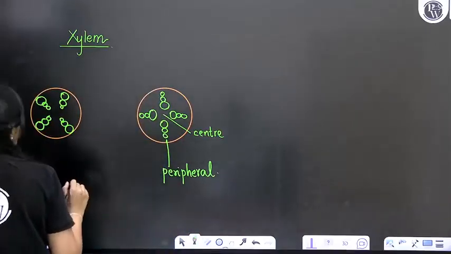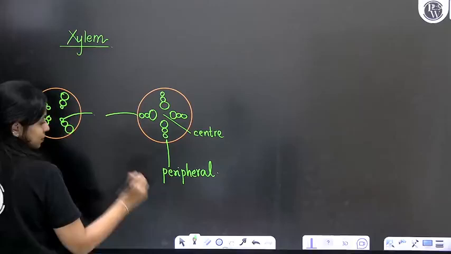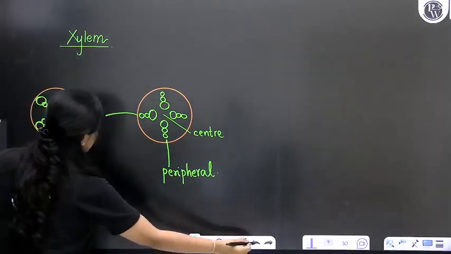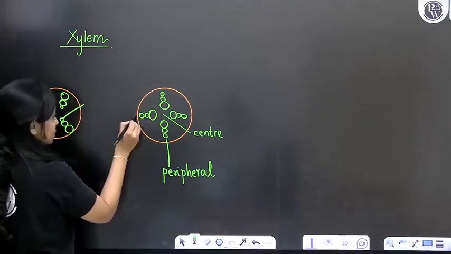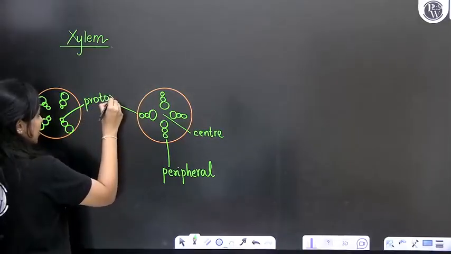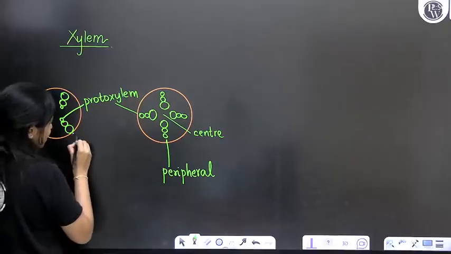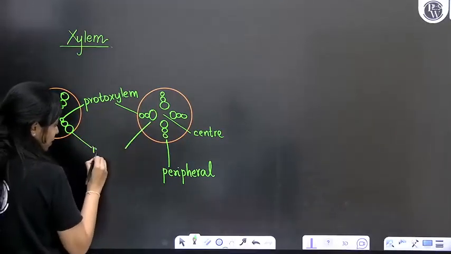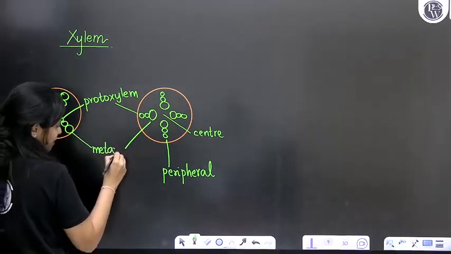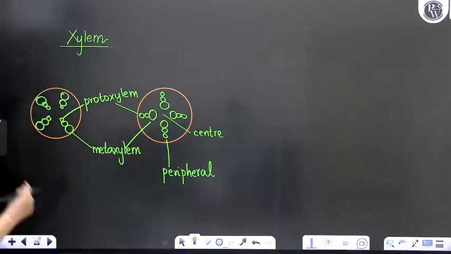The one that has the smaller lumen is called protoxylem. The one that has wider lumen is called metaxylem. Protoxylem is first formed, small lumen. Metaxylem is later formed, it will have a larger lumen.